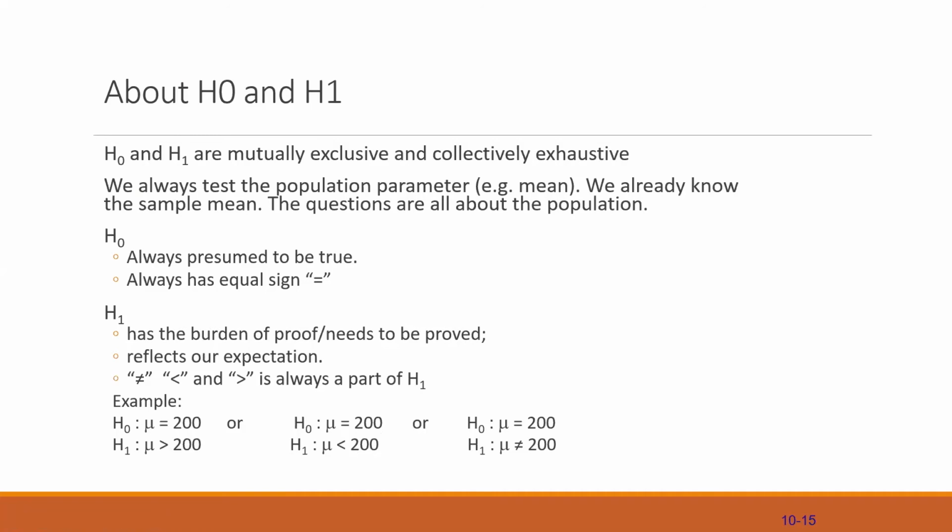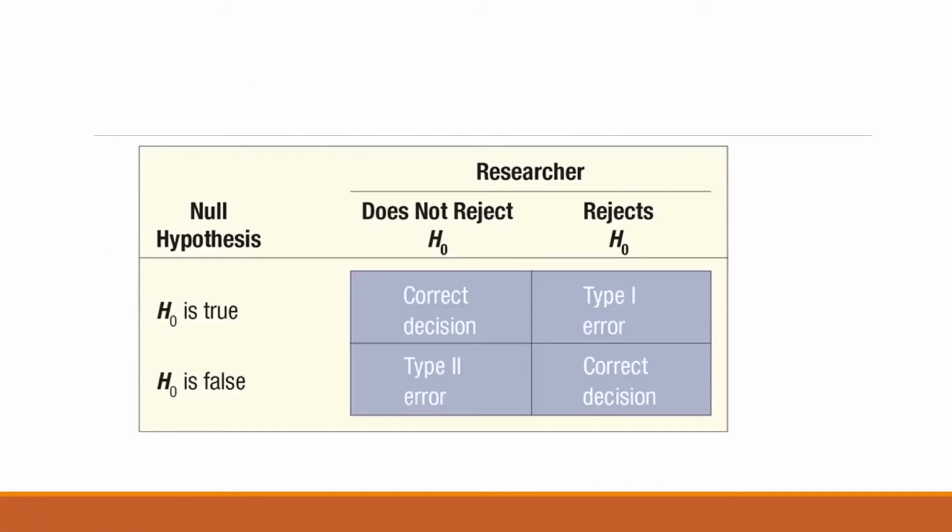And again, we want to take a sample, look into the sample, and see if we have enough evidence in support of the alternative. And the last scenario is we're testing to see if the population mean is different from 200. So we have three scenarios in terms of the hypothesis. Most of the time, at least in our course, we're dealing with the last scenario.